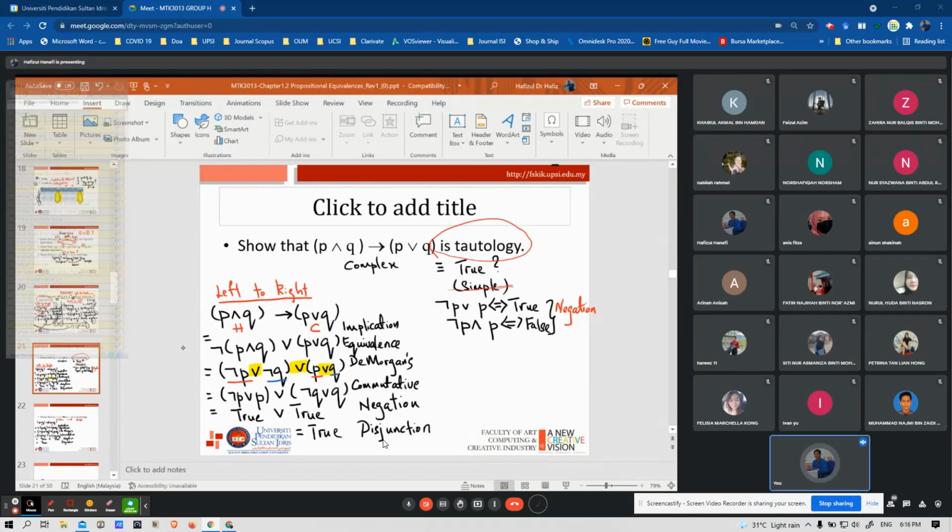We have a hypothesis here, and then we have a conclusion here. For the first step, we use implication equivalence.